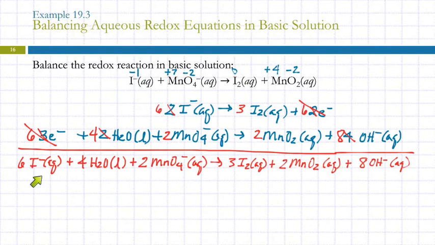How many electrons are transferred in our overall reaction? 6. 3 for each of these manganese. Any questions?